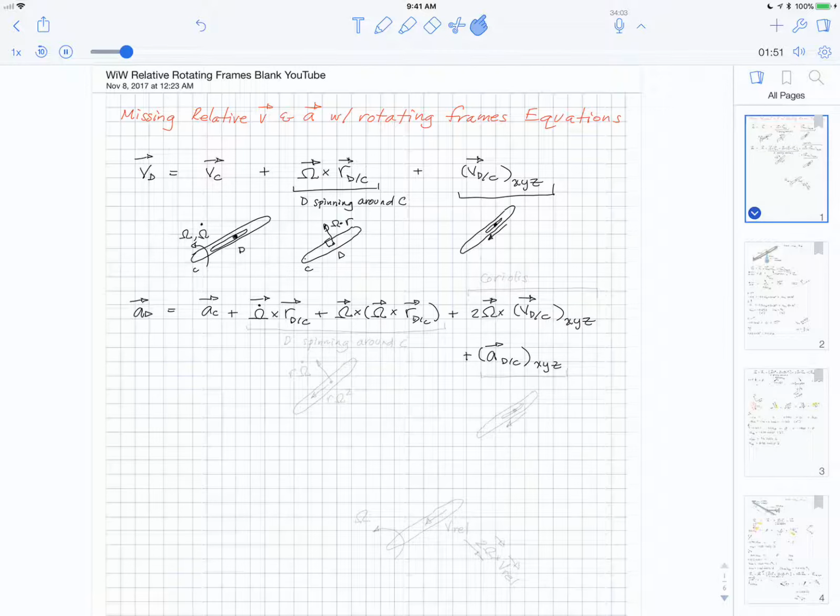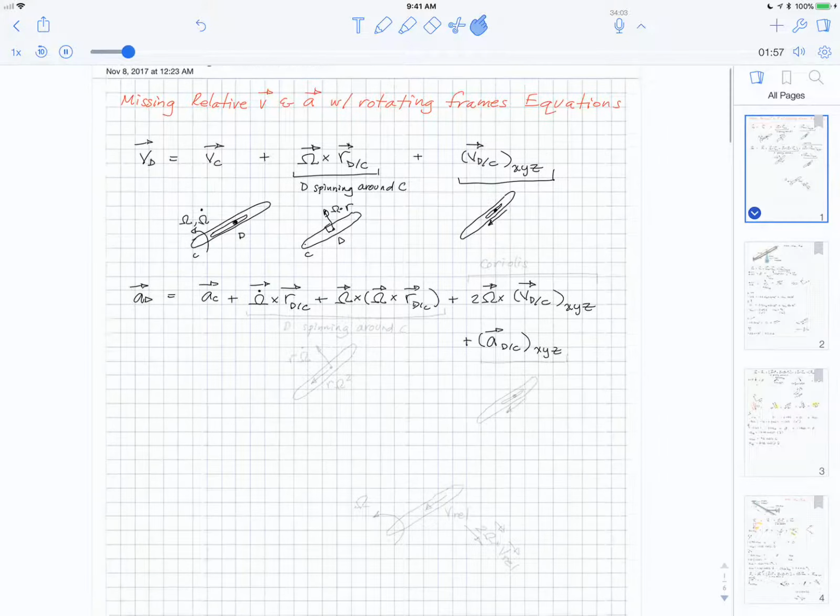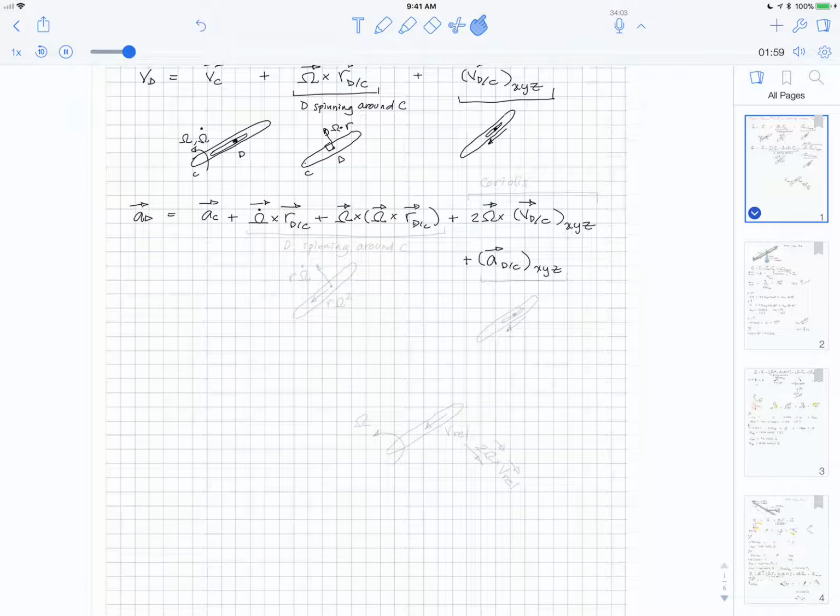Okay, so very similarly, we have the same equations for acceleration. So the acceleration of D is the acceleration of C plus, we want all the stuff D relative to C, but it's complicated by the fact that it's a rotating frame with the sliding. So this term right here is just D spinning around C, but acceleration, not velocity.